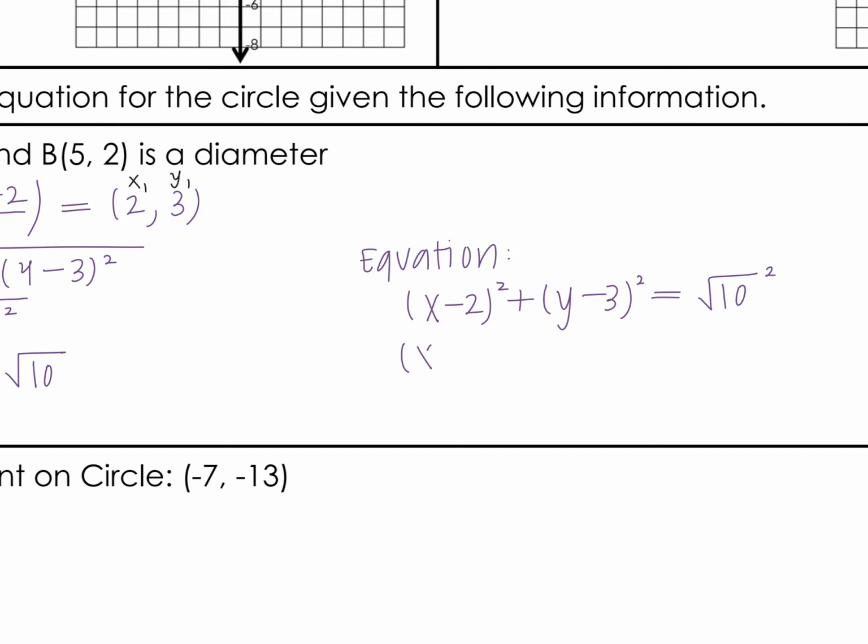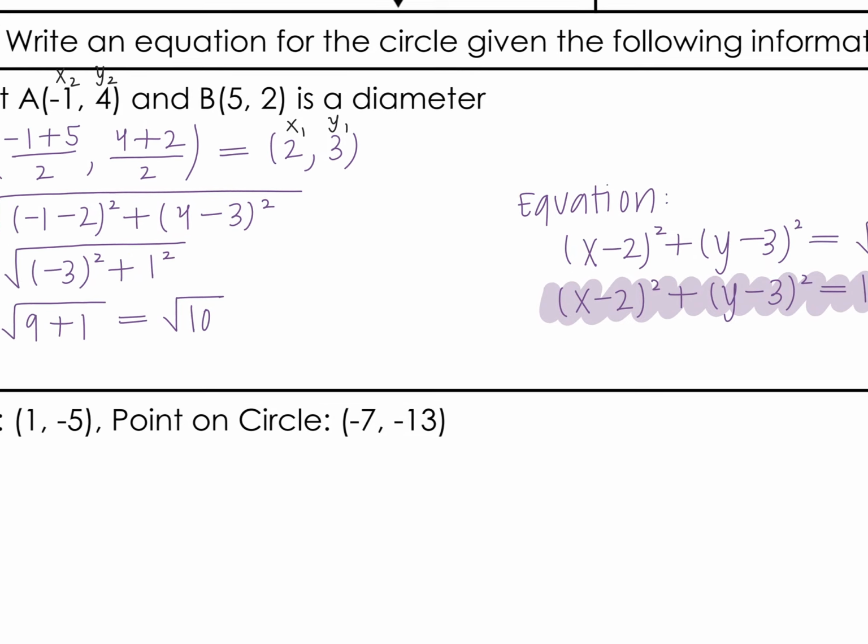And so when I simplify here, I'm going to just get a 10 for that radius squared. Okay, and I want to emphasize this is one way of doing it. Yes, there are a few different options, and I'm actually going to show you another way in this next problem, for number 10.